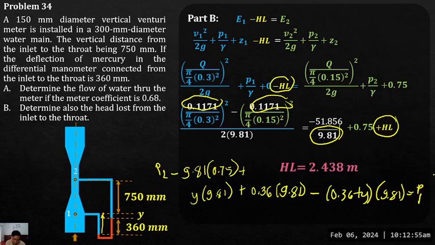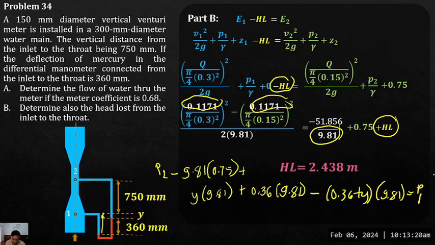Pero yun nga, no, I think ang purpose bakit yan merong mercury is just to make sure or just to know kung ano yung magiging epekto, no, ng liquid natin na mercury dyan doon sa pressure difference, kung same lang ba, no, kung pure water siya.